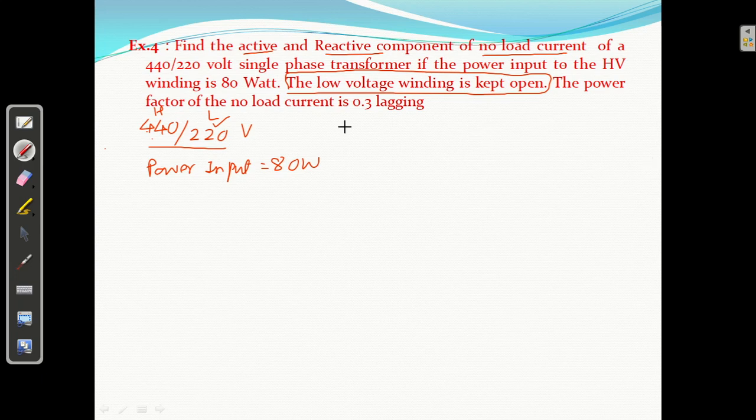The power factor of the no load current, cos phi 0, is given as 0.3 lagging.